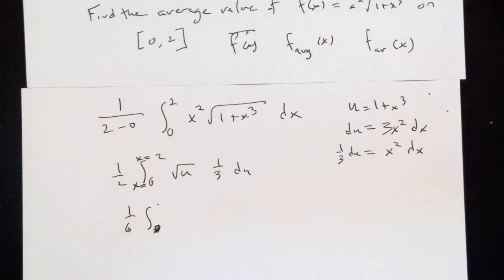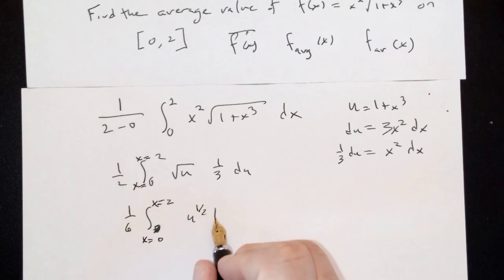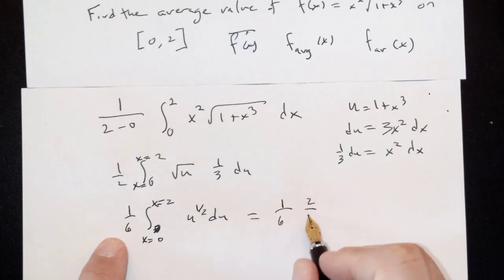Okay, now I can do this problem. X equals 0, x equals 2, u to the 1/2 du, antiderivative u to the 1/2. But I still have this 1/6 out here, right?